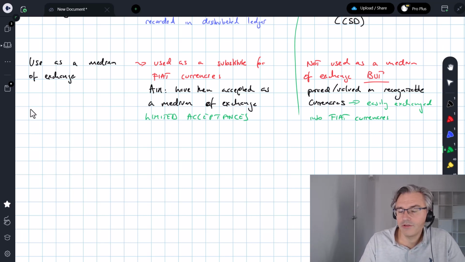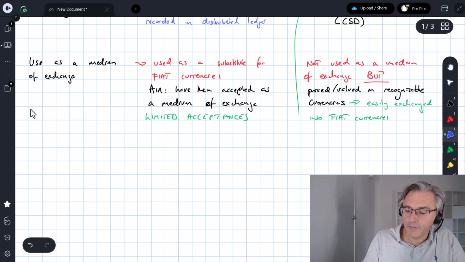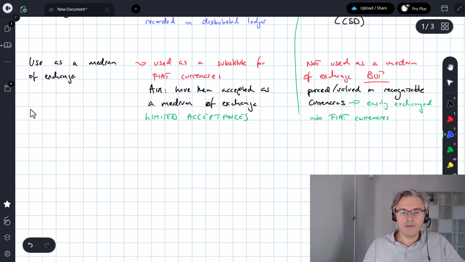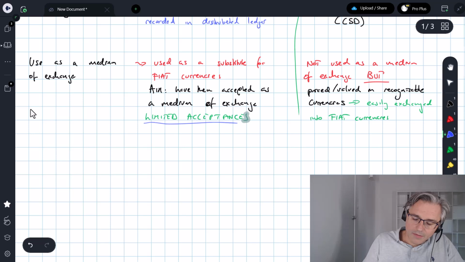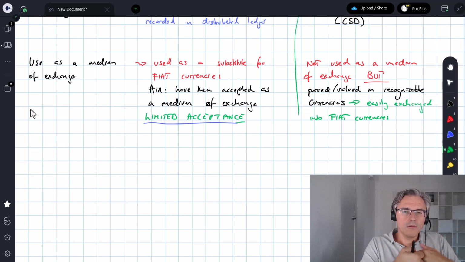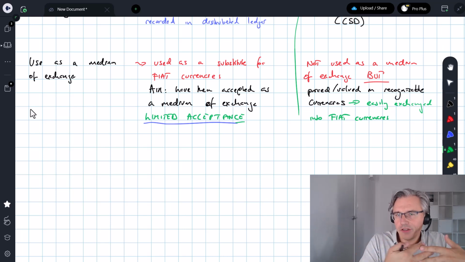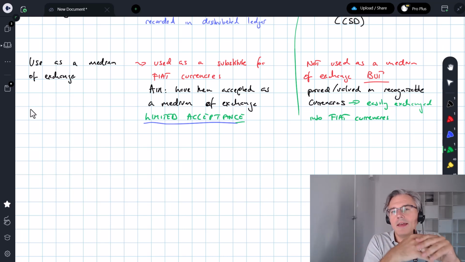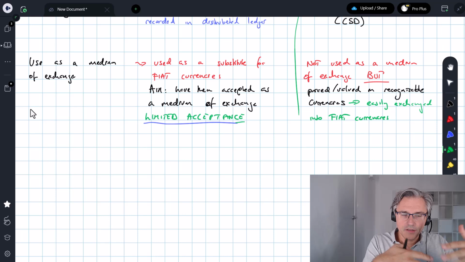There are also jurisdictions where you are actually banned from using or even holding cryptocurrencies. One of the reasons why there is still limited acceptance, especially with something like Bitcoin that is very much decentralized, permissionless, and uses proof of work as the protocol, is that there is a pretty high cost of validating and adding transactions onto the blockchain, because of the work that needs to be done by all the nodes in the network.